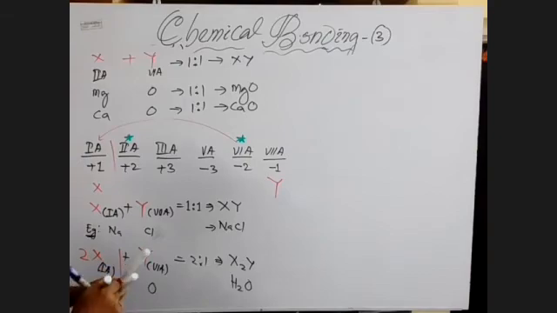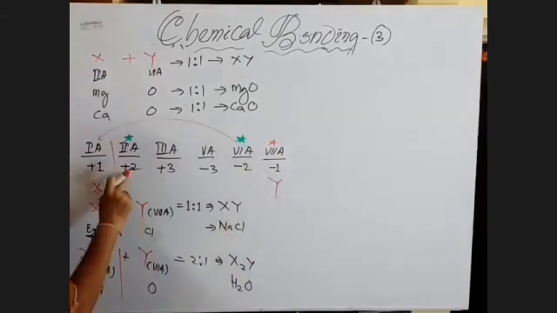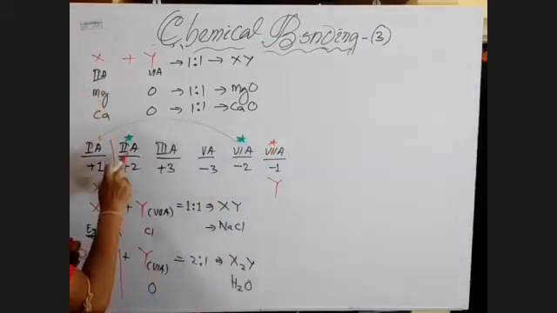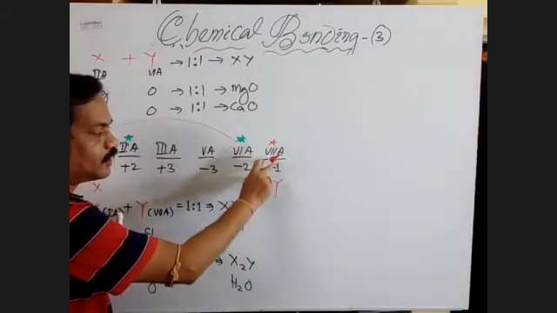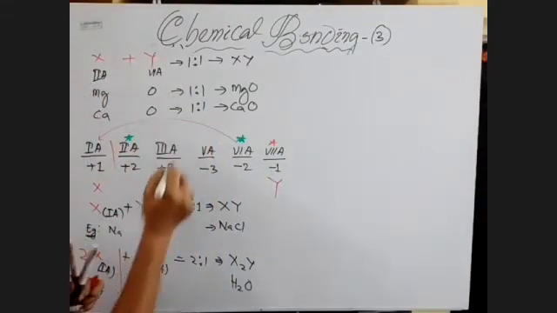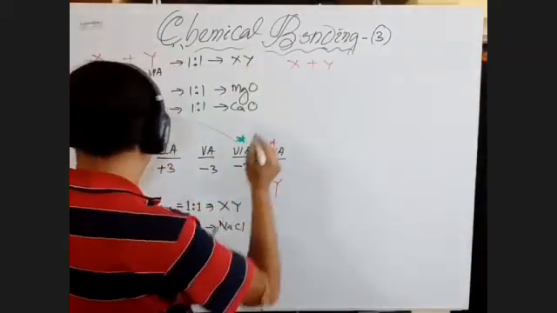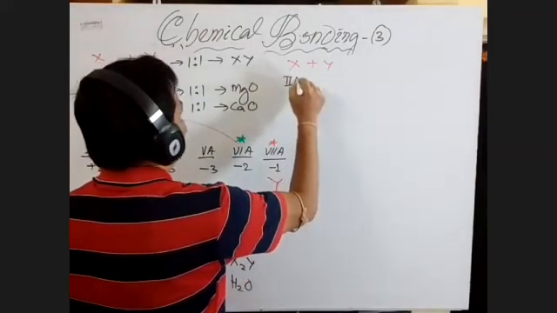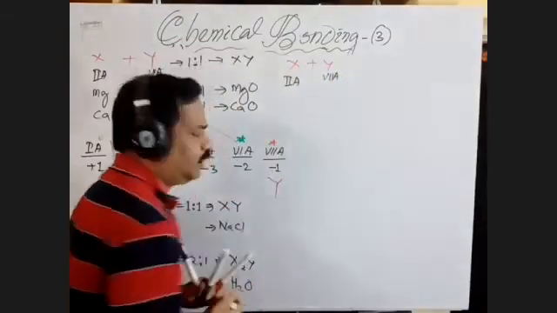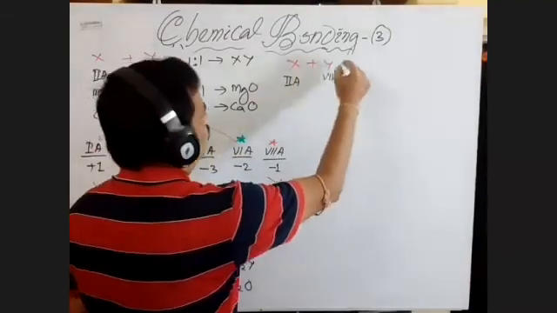Right. Similarly, if I combine this one with the 7th A, it has a tendency to lose two electrons, and 7th A has a tendency to gain one electron. So the second A group requires two elements from 7th A. If there is a combination between X and Y, where X is from second A group and Y is from 7th A group, this valency is 2, this valency is 1.